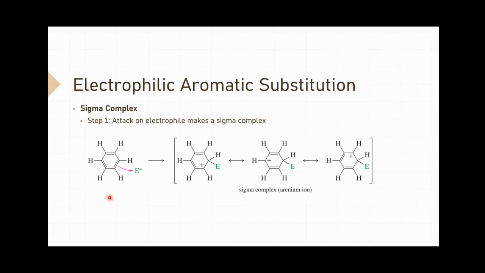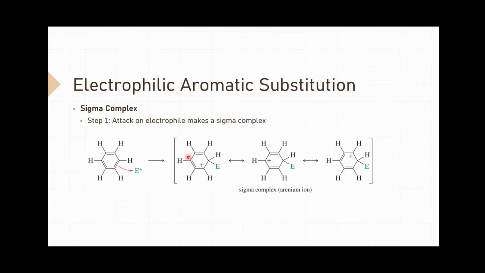The sigma complex is the resonance structure of the arenium ion. So when it grabs an electrophile, it's going to leave behind a cation, and that cation is going to resonate throughout the ring, and this resonance is what we call the sigma complex.